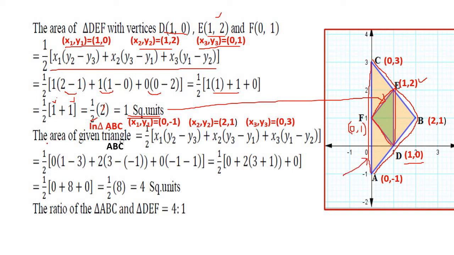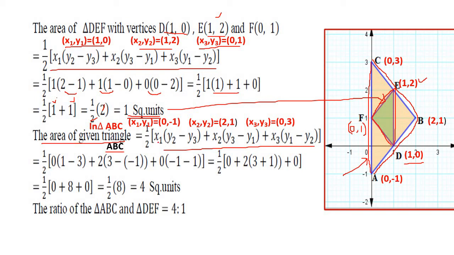Area of the triangle ABC is equal to half into x1 into (y2 minus y3) plus x2 into (y3 minus y1) plus x3 into (y1 minus y2). Now take the coordinates of A, B, C as x1, y1, x2, y2 and x3, y3. Write all the coordinates, then substitute the values.